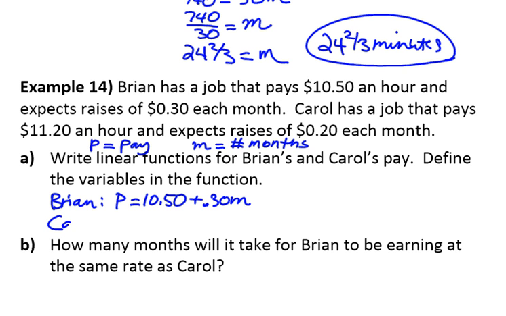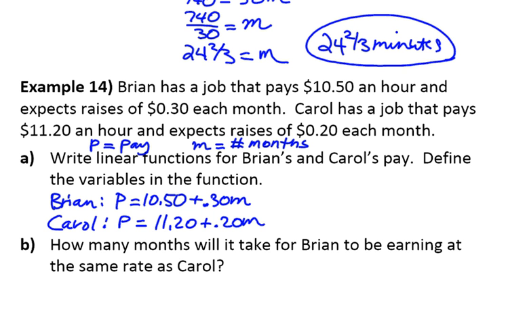Carol, her pay is going to be equal to, she starts off with $11.20 an hour, a little bit more, but she's only going to get 20 cents a month. So those are their two functions.